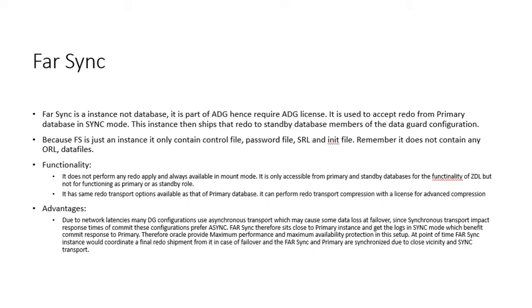Therefore, Oracle provides two protection modes: maximum performance and maximum availability. At any point of time, the FarSync instance would coordinate a final redo shipment in case of failover. It ships all the available redo it has to the standby database and then performs a zero data loss failover. The FarSync and primary are synchronized, and they should be synchronized in order to do this activity, as we are using sync transport and a close vicinity of the primary and FarSync.